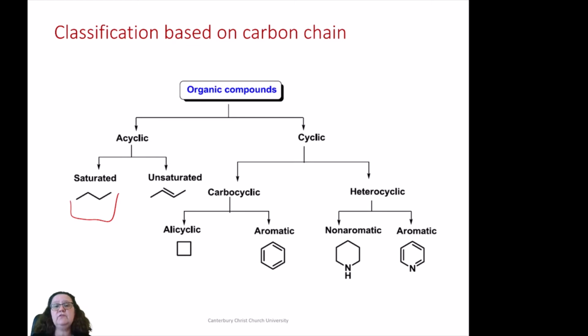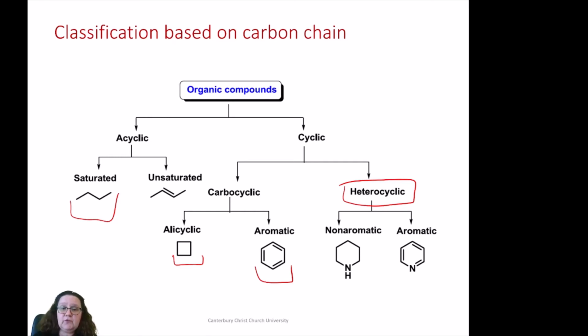The cycle is exclusively made of carbon atoms, and you have here the example of cyclobutane, and here the example of benzene, in which the cycle is in both cases exclusively made of carbon atoms. Within those carbocyclic compounds, they can be alicyclic, which means single bonds, or aromatic, which means they have alternating double bonds. Your cyclic compound can also be heterocyclic, and that means one or more of those positions in the cycle are occupied by an atom that is not carbon.